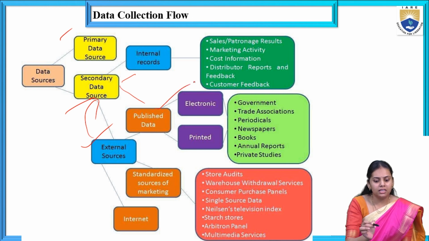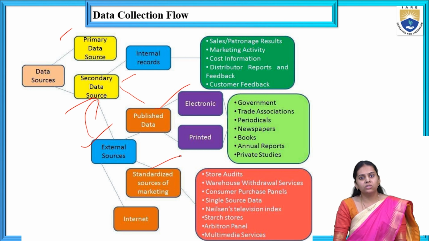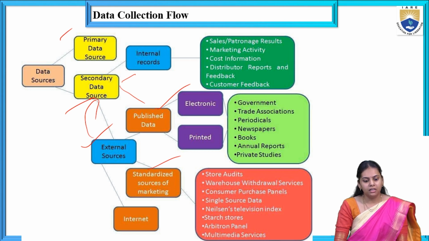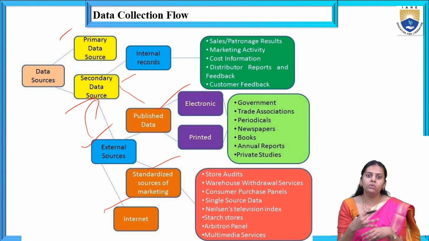External sources are nothing but published data, standardized sources of marketing, and the internet. Nowadays, not only for researchers, the internet is a part of their lifestyle to discuss or to know anything.